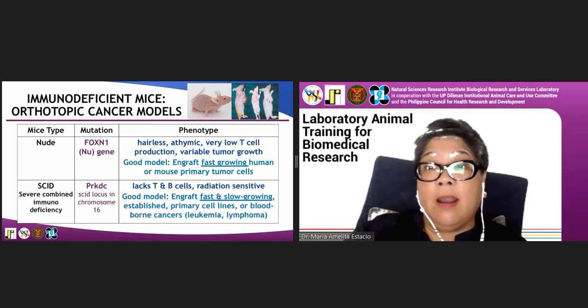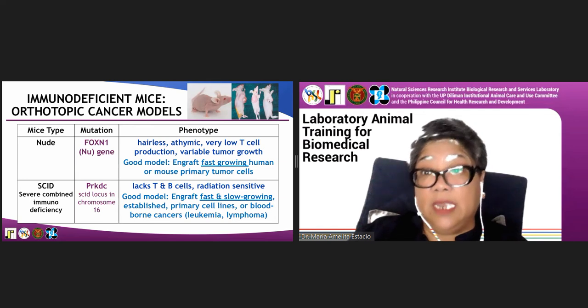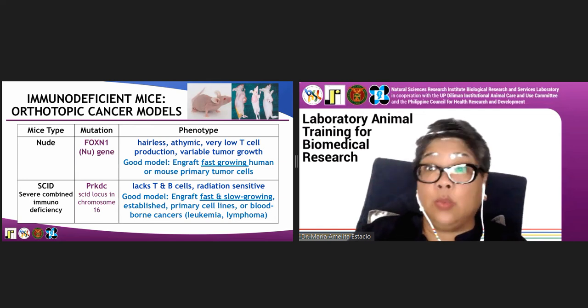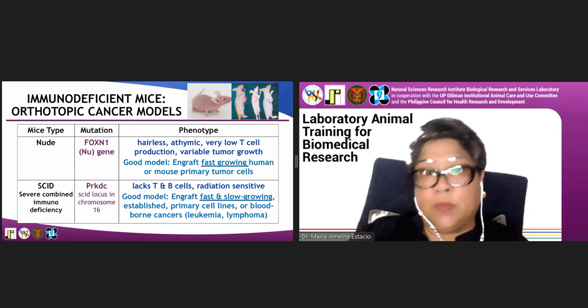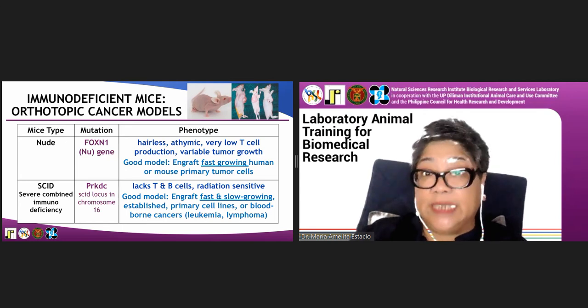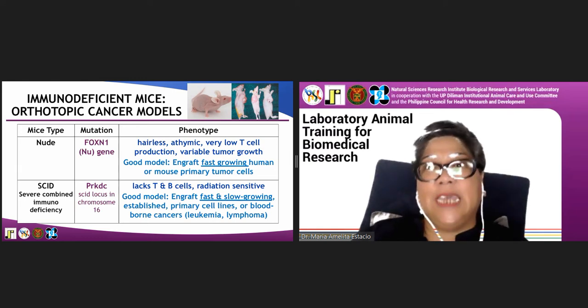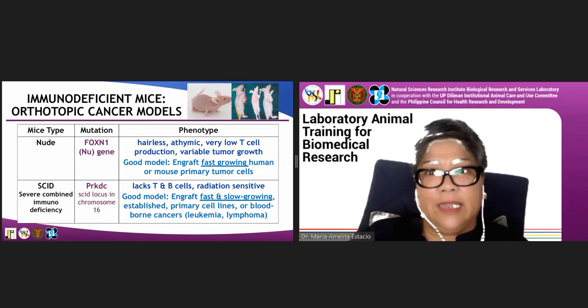So they are athymic. If you remember your physiology, the thymus gland is the gland that produces the majority of the T cells or the T lymphocytes that we need for cell-mediated immune response. So this particular mouse strain would have very low T cells. And the T cells are the ones that can be classified as killer T cells that can kill the cancer cells.